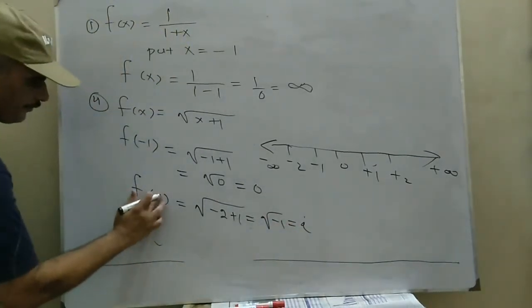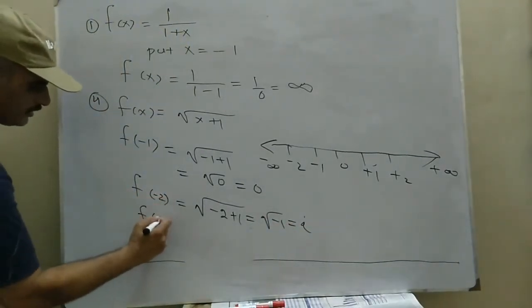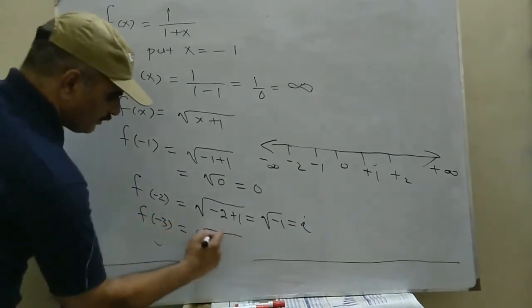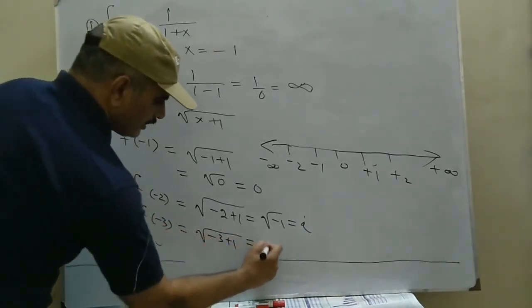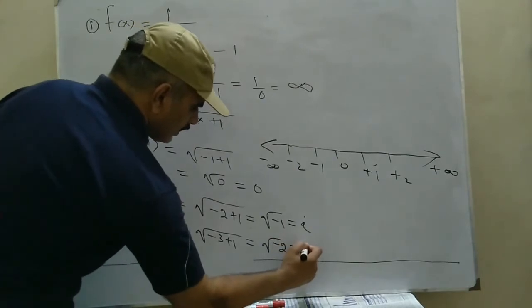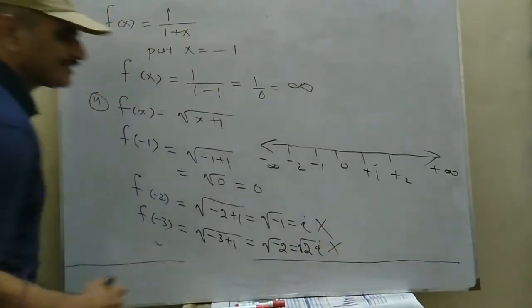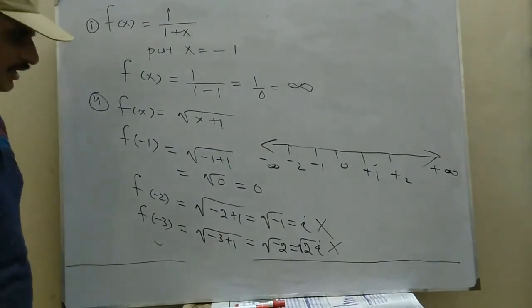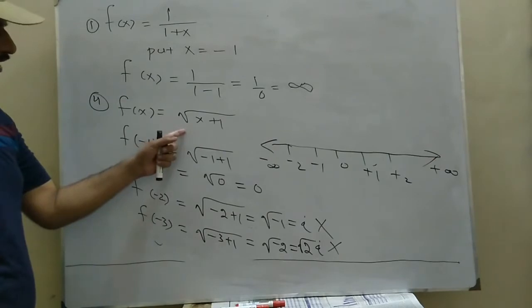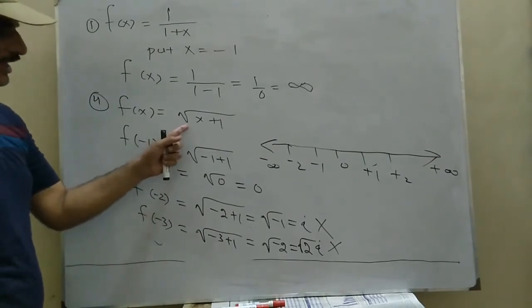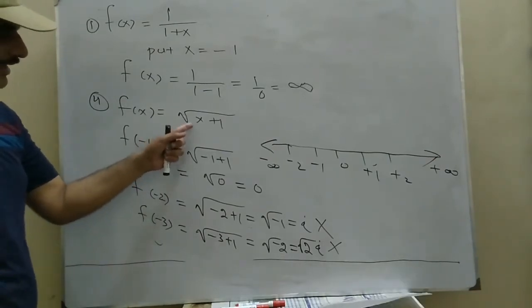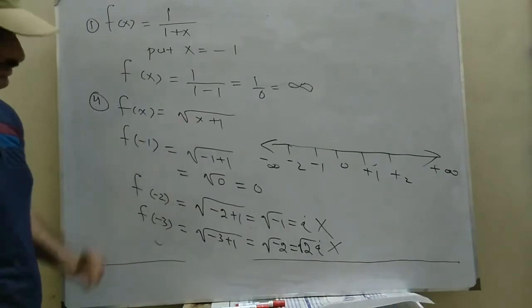Similarly, if I put here minus 3, the result will be minus 3 plus 1, under root of minus 2, that is under root 2 iota. These values are not acceptable in the domain. Keep in mind, whenever you are dealing with a radical function, you will choose such values as domain for which the radicand gives a positive answer.